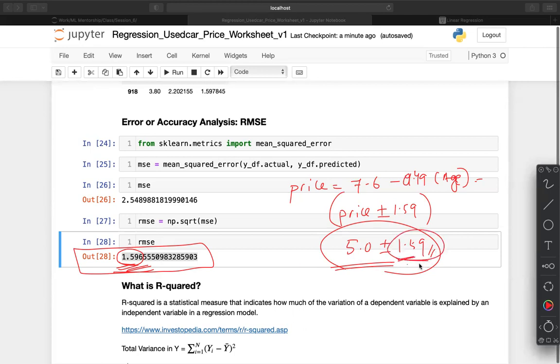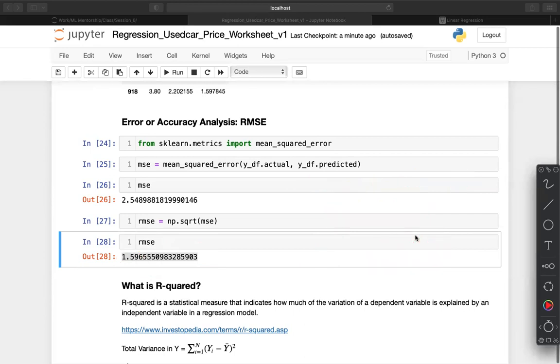Our objective is to bring this down. If you say the car could be sold anywhere between 3.5 lakhs to 6.5 lakhs, that's a very large interval, isn't it?